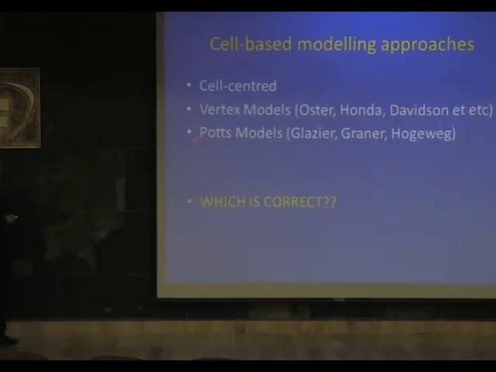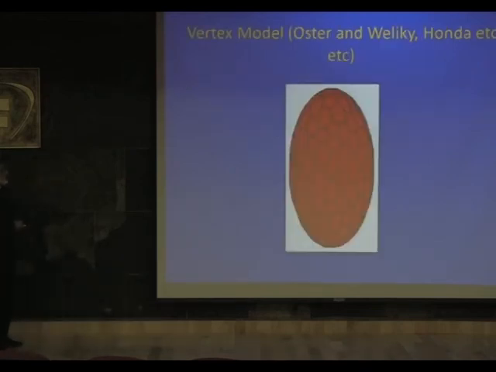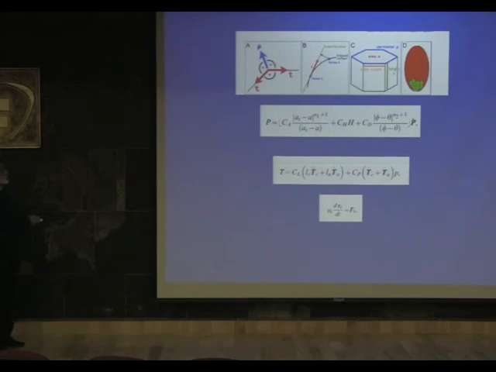There's another model which is called the Potts model, which is derived from physics ideas, which is based on deriving a Hamiltonian, and then you have cells moving to reduce an energy. And then there's a cell-centered type modeling approach. Sorry, I should just say this is the Vertex model again, where you look at the forces at any point, and then you write down the fact this is the overdamped Newton equation.